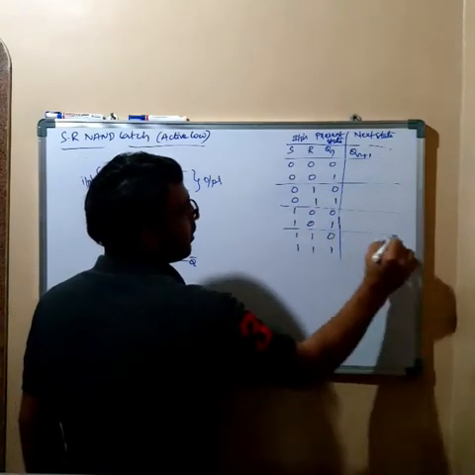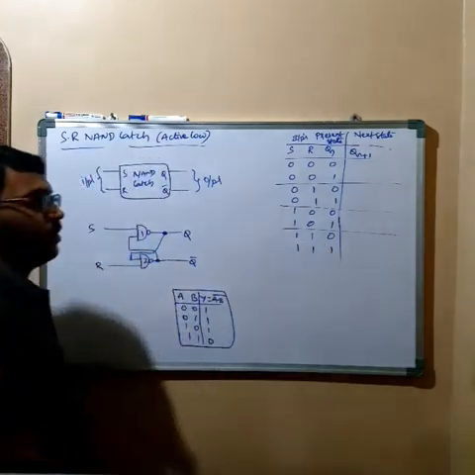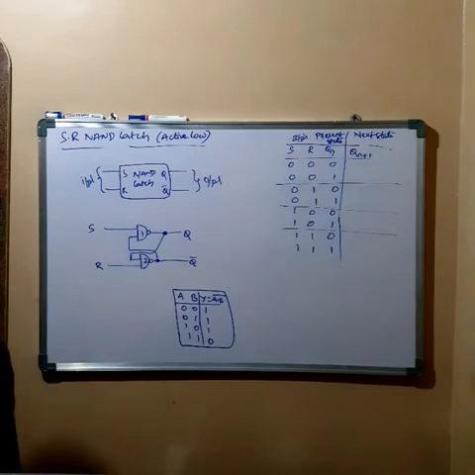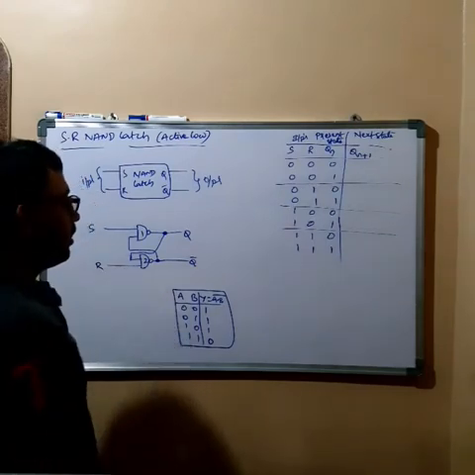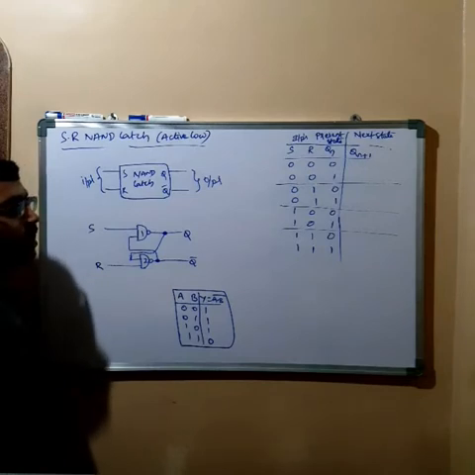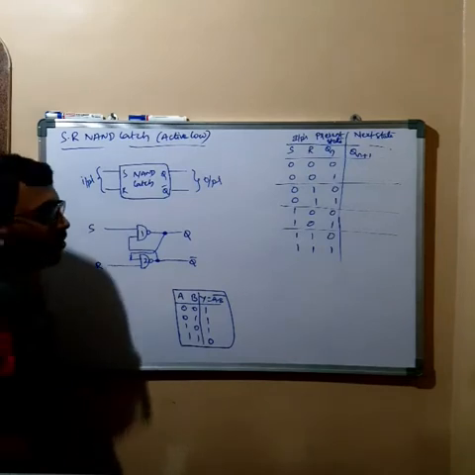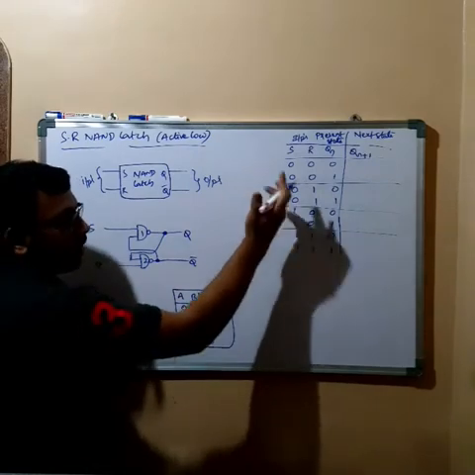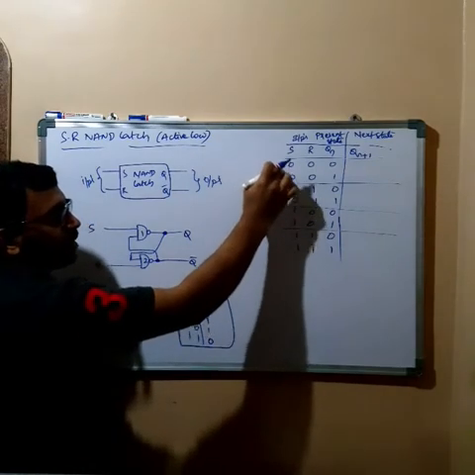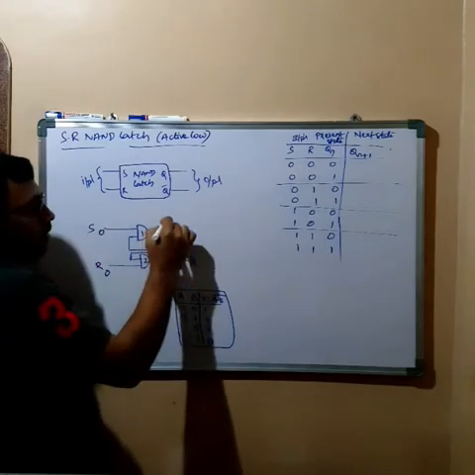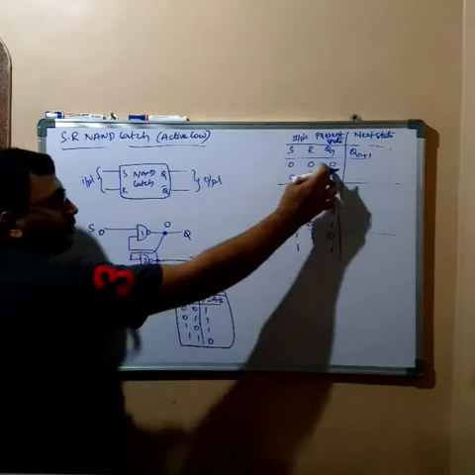S and R combinations are the same. The past output is assumed as 0, then the past output is assumed as 1. Let us see what next states are obtained in each case. I will start with this one. S is 0, R is 0, the past output is assumed as 0.